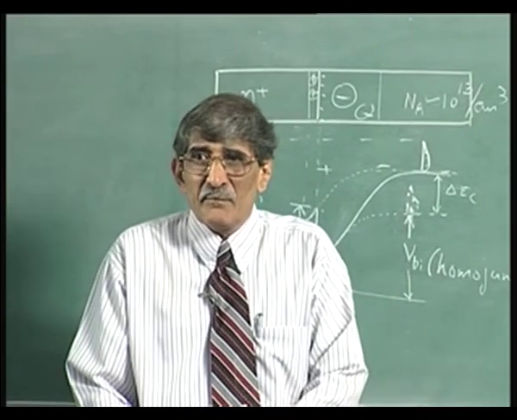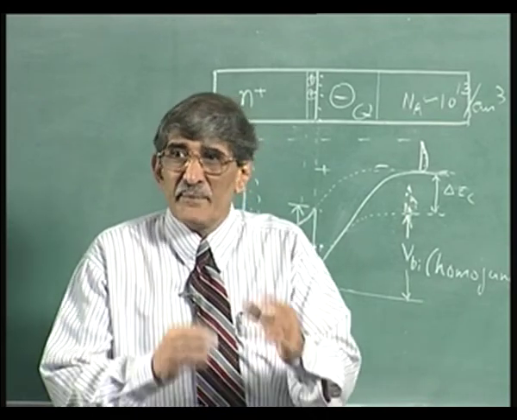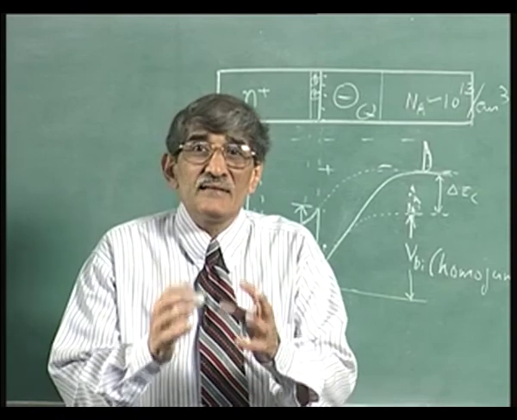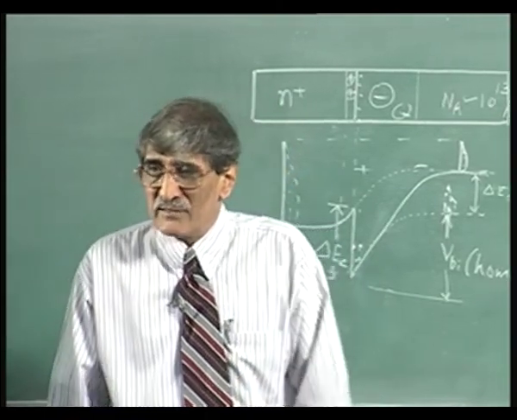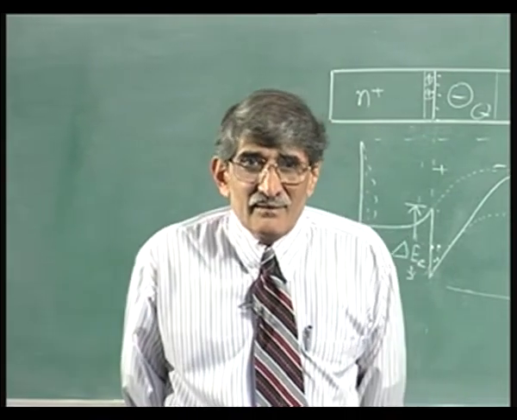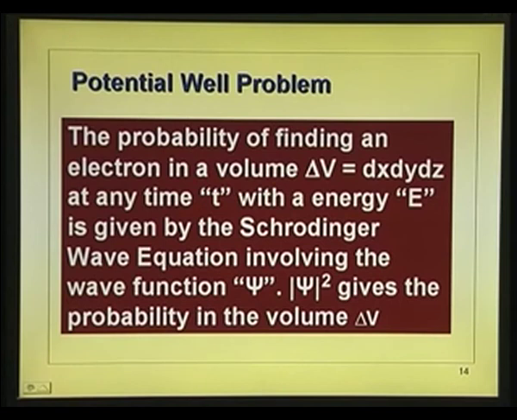But the whole thing is governed by a probability, where in x and in the momentum space you can find these electrons, and that is governed by the probability function psi. That is the wave function, and the entire probability is controlled by the wave equation, which is called the Schrodinger equation.